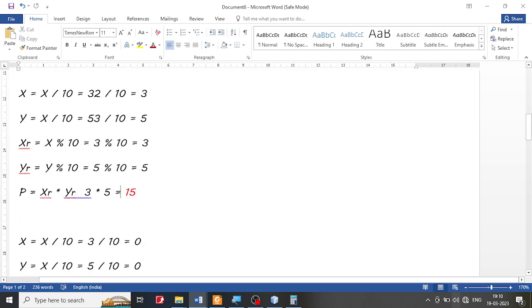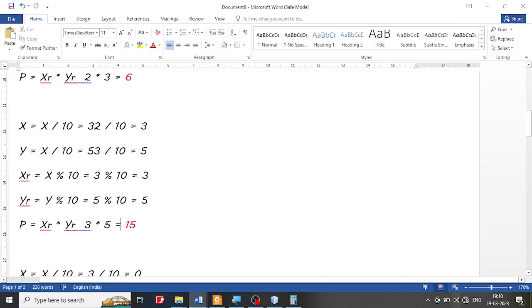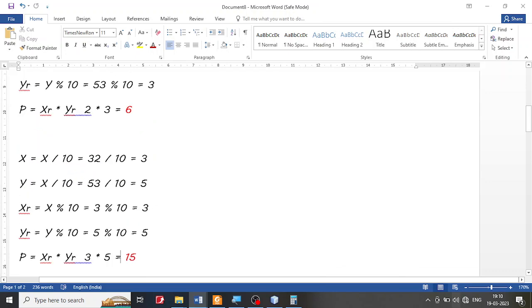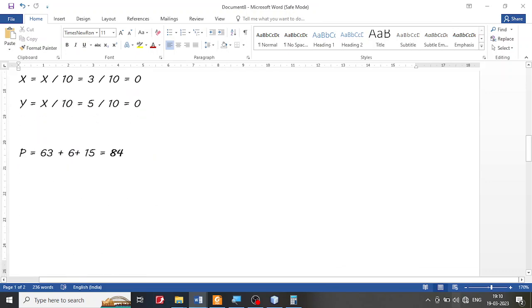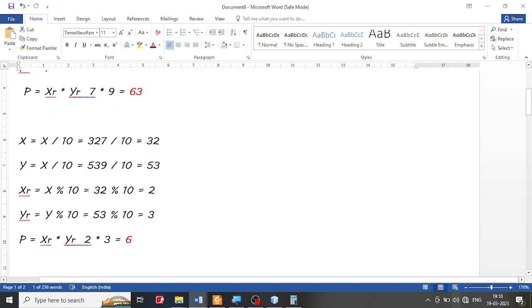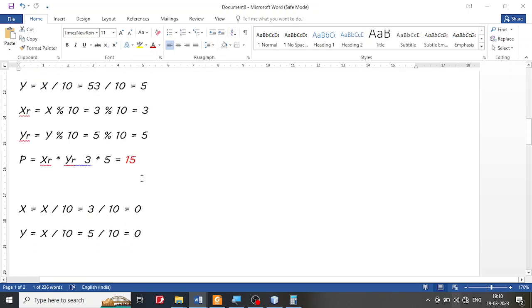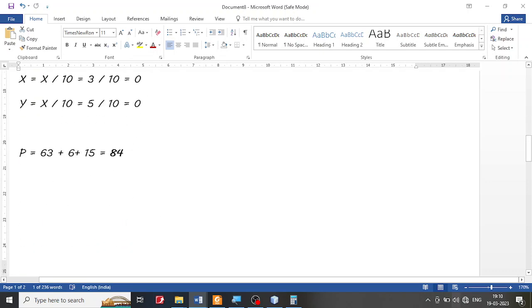So this is 15. Add all of them together, the answer that you are going to get is 63, which is this one. So 63 plus 6 plus 15, if you add them together you get 84.